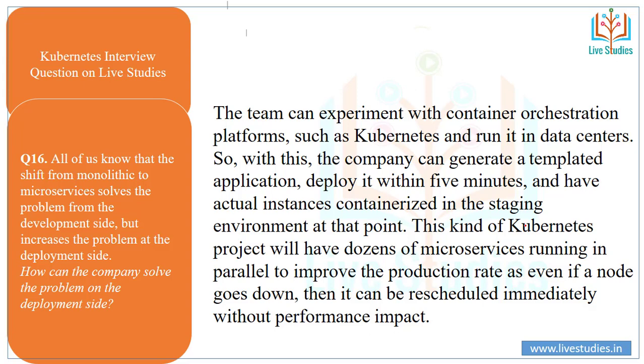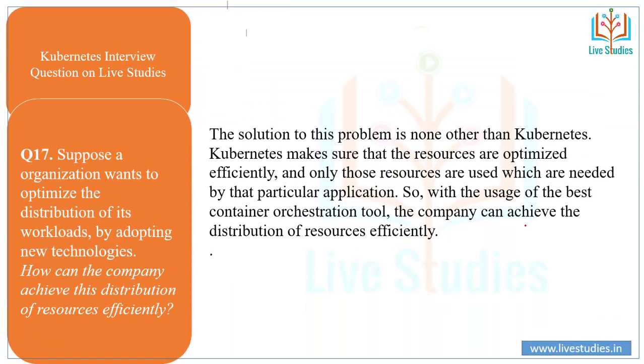With this, the company can generate a template application and deploy it within 5 minutes and have an actual instance containerized in the staging environment at that point. This kind of Kubernetes project will have dozens of microservices running in parallel to improve the production rate, as even if a node goes down, it can be rescheduled immediately without performance impact.